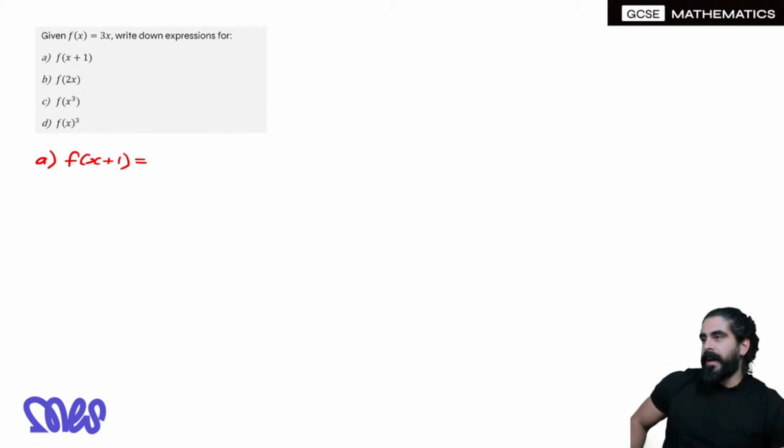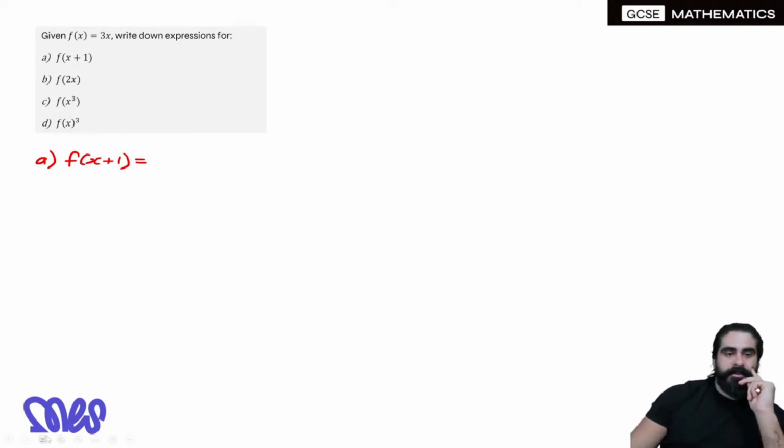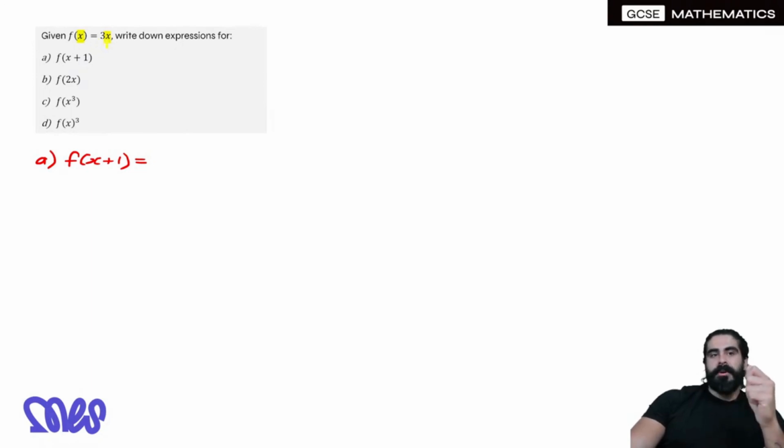Now, go back. It's very important you listen to how I describe the function. So you go back to the original function. You're saying, what does f of x do? Whatever the input is, the input is x. We take that input and multiply it by 3. 3x is saying the input is being multiplied by 3.